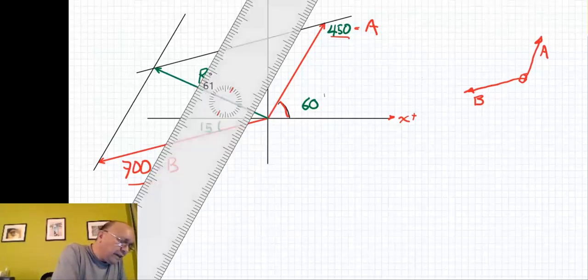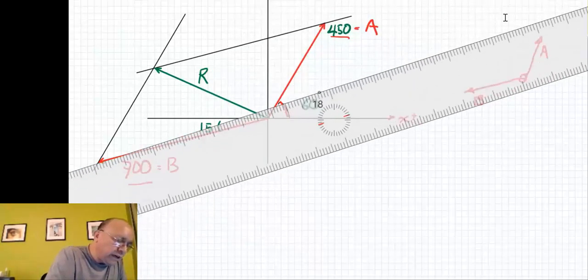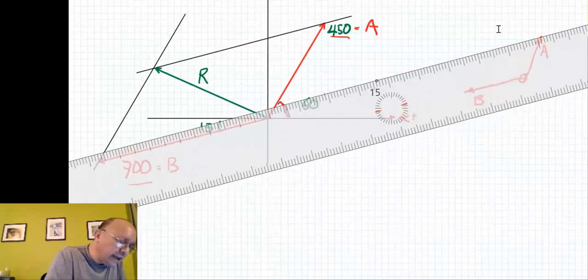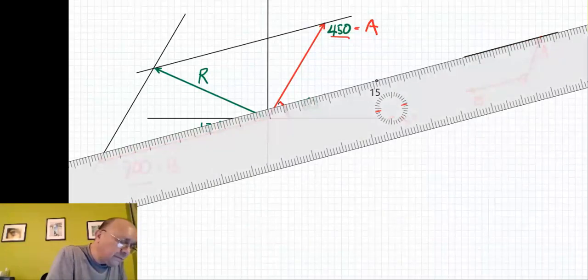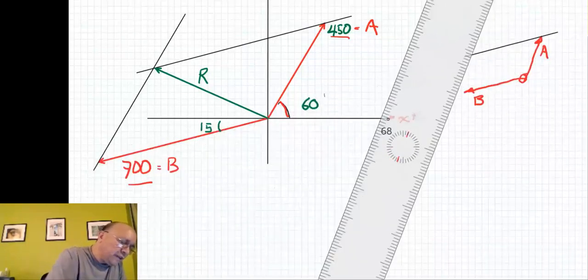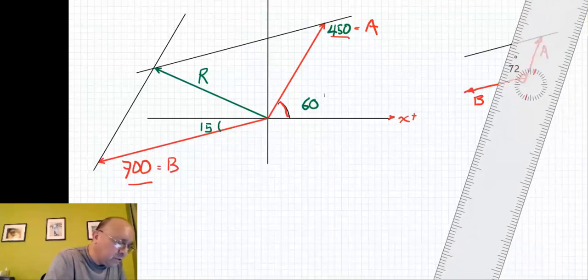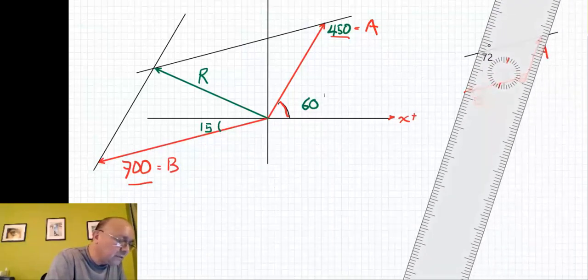On the tip of the vectors, you draw parallels to the other vectors. So at the tip of vector A, I draw a parallel to vector B, right? And at the tip of vector B, I draw a parallel to vector A. Remember that?